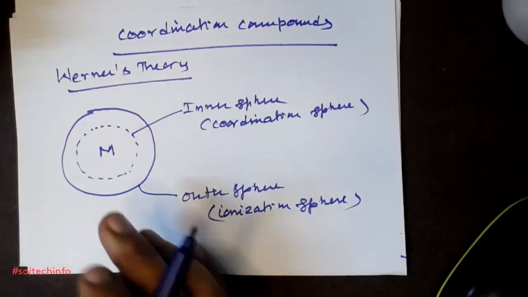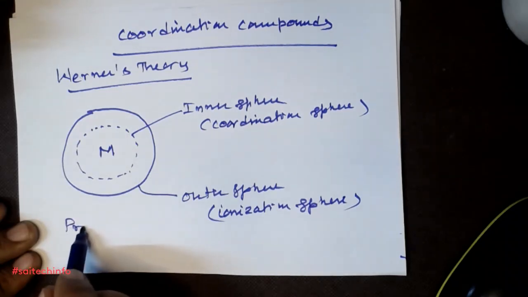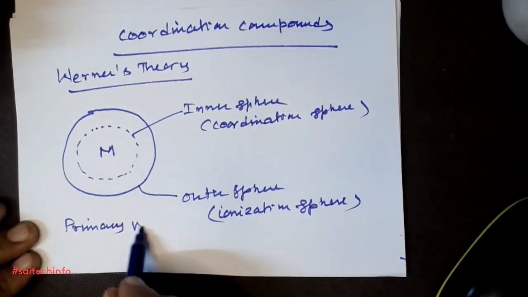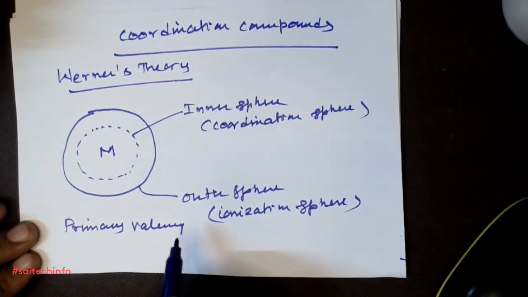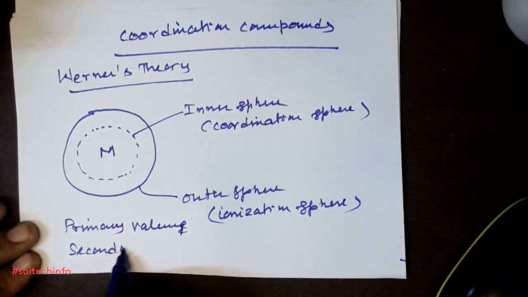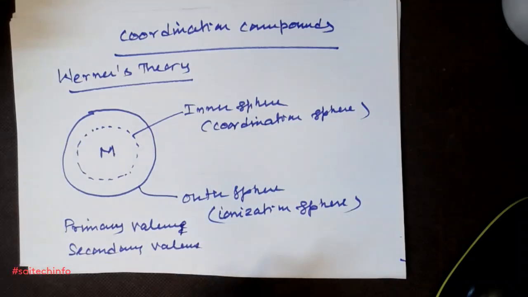So there exist two types of valency, primary valency and secondary valency.